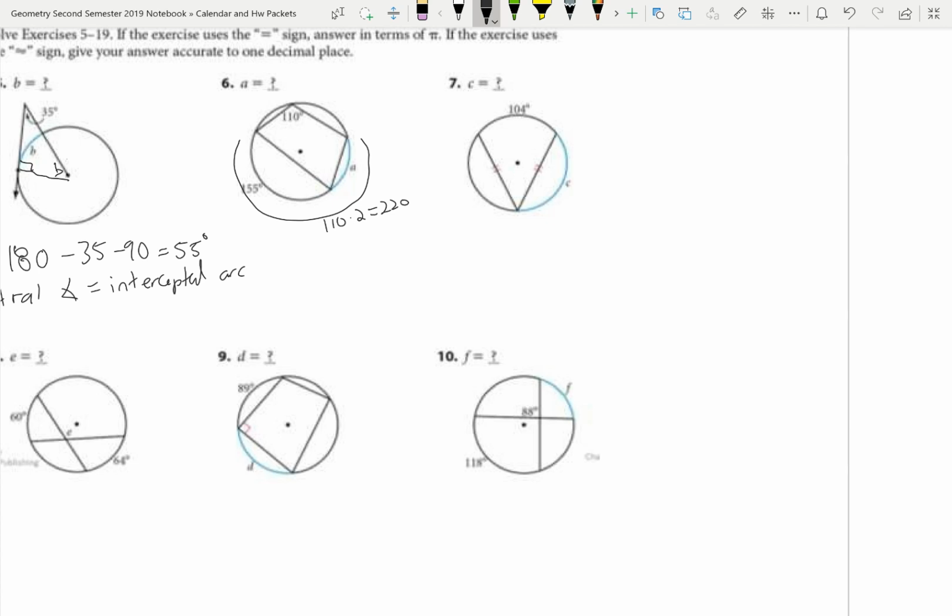And that's conjecture 81. And so that's going to mean that 220 minus 155 will equal A. So that's going to make 65 degrees equal to A.